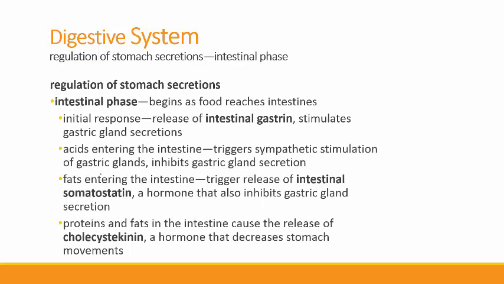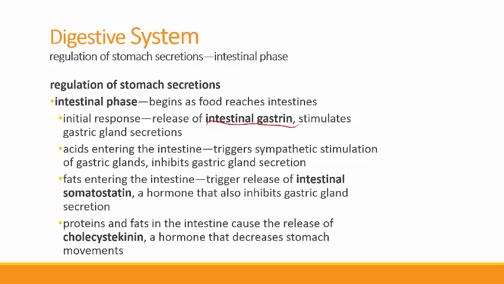And then the third phase is called the intestinal phase. As food reaches the intestines, a couple of things happen. First, we see the release of intestinal gastrin. So that stimulates... I don't think it's gastric gland secretions.